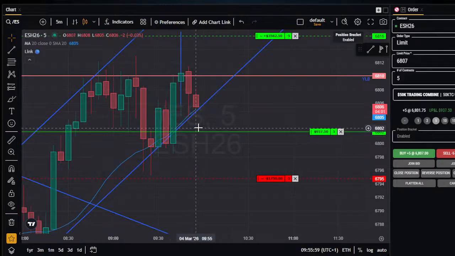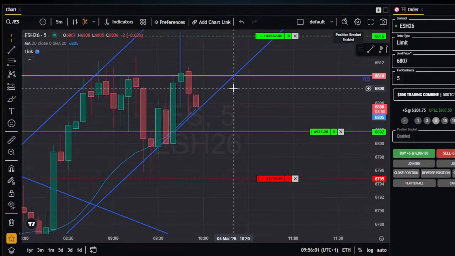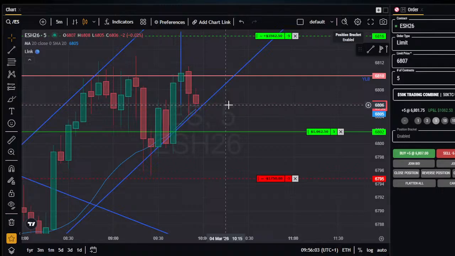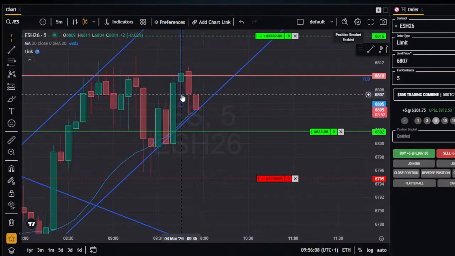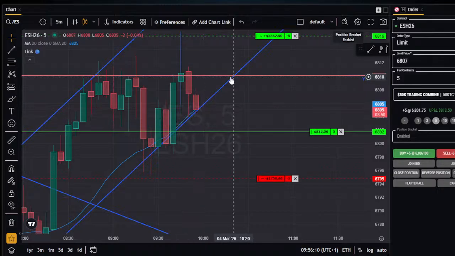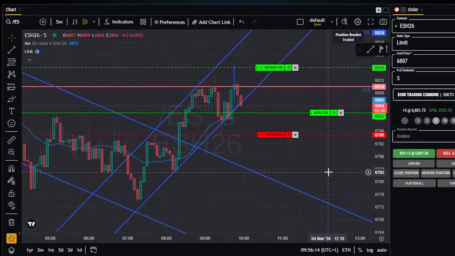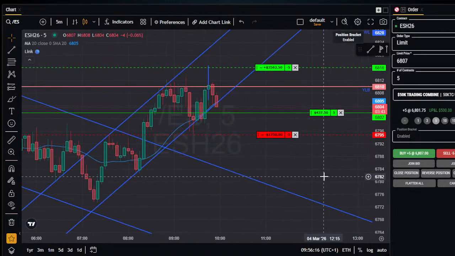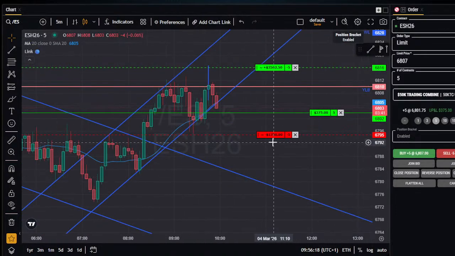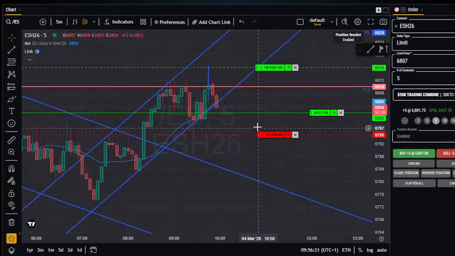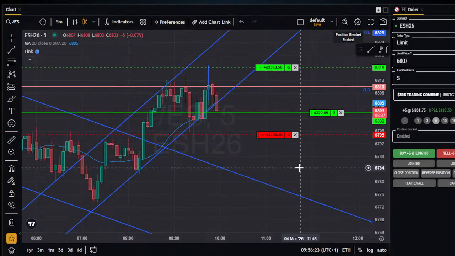It's still more likely that we have some kind of move up. And then I get out on the next move up, and if not, if we reverse strongly right now, then I go in for a test down here.